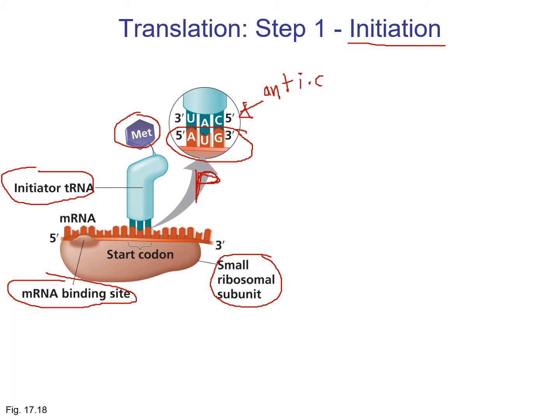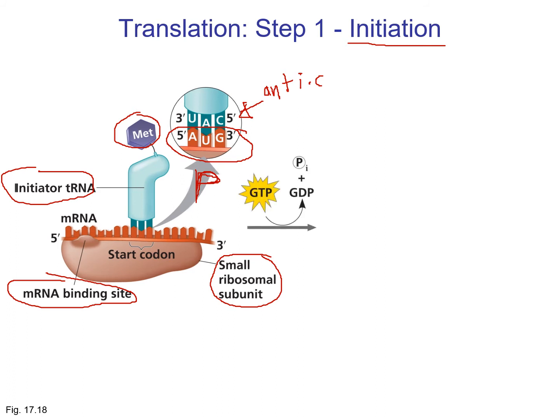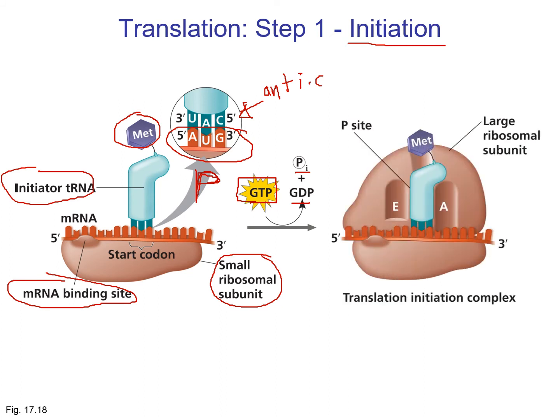Once those are together, we need a little bit of energy in the form of GTP. We like to use ATP a lot, but GTP has exactly the same amount of energy as ATP, and some processes prefer GTP over ATP. This is one of those. It makes GDP and inorganic phosphate. That energy allows the large subunit to dock, and everything is ready to go.